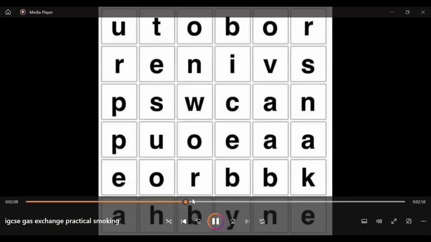I cannot see now, because of the program. I can't do anything with this program. It's UTOBOR actually. The upward first word is UTOBOR.